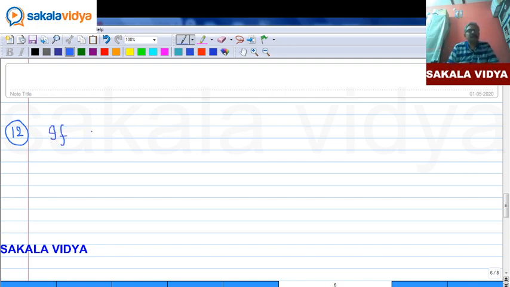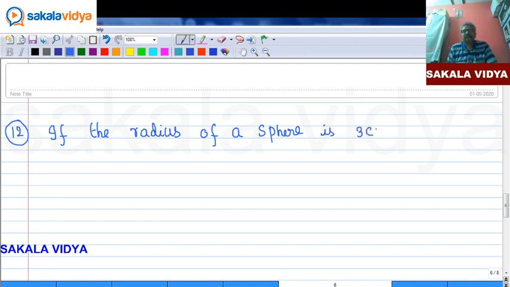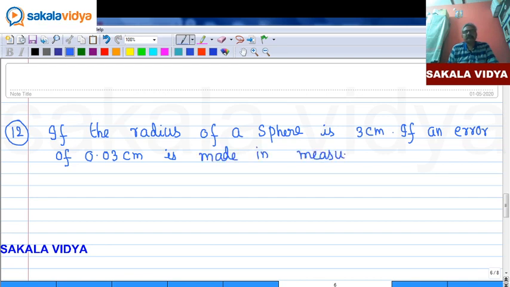If the radius of a sphere is 3 centimeters, if an error of 0.03 centimeters is made in measuring the radius of a sphere.